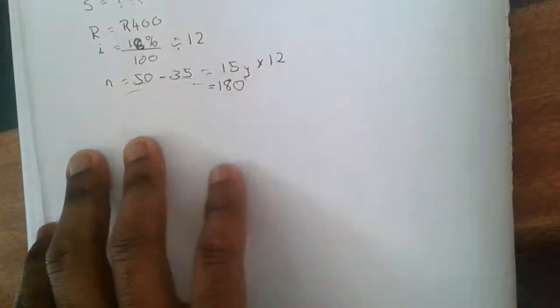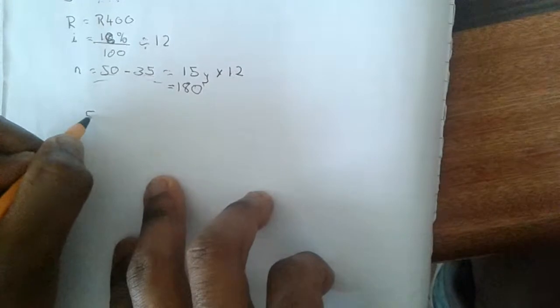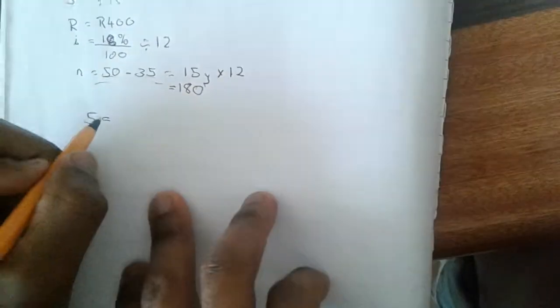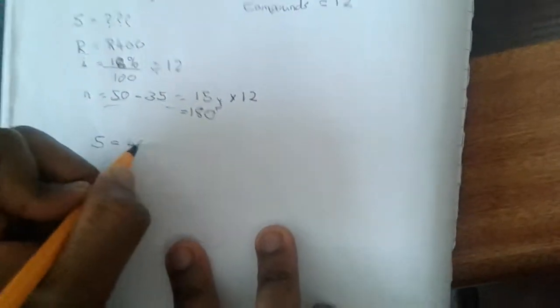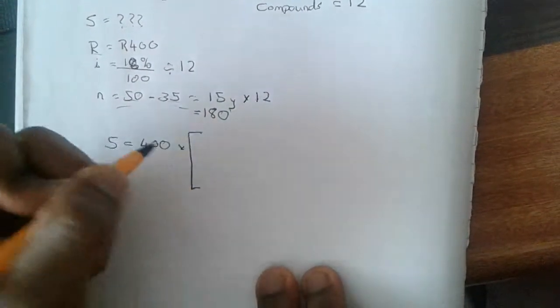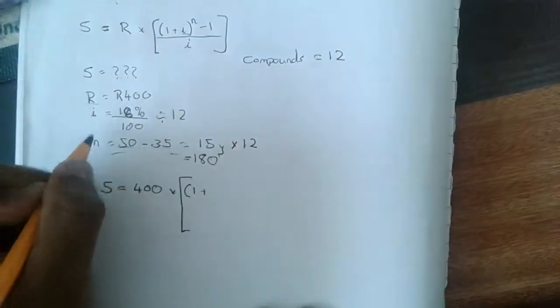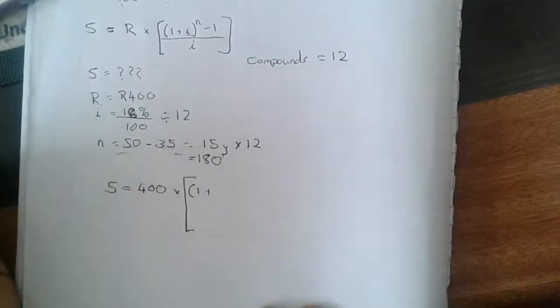Now when we go back, we are going to substitute everything into our equation. So S is equal to R, 400, multiplied by whatever is in the brackets, 1 plus I. Where's our I?